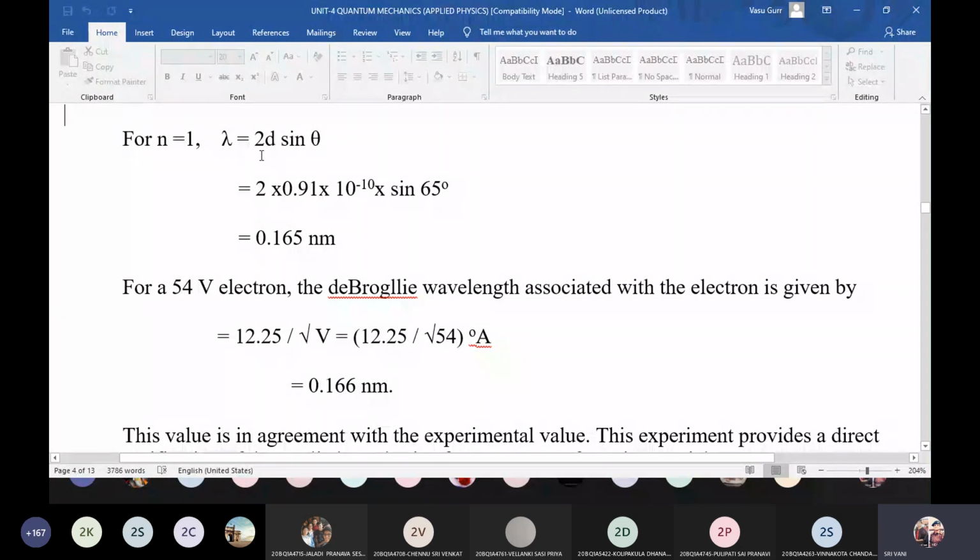And by using Bragg's law, they proved the wavelength as 0.16 nanometers. So observe, both these wavelengths are the same. After the decimal point, we give importance to two digits. Here 0.16, here also 0.16.